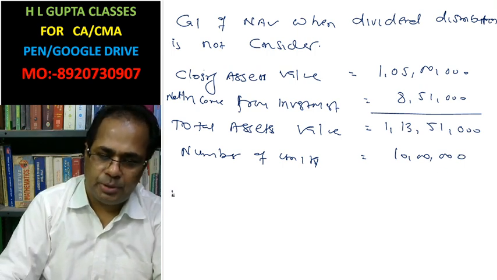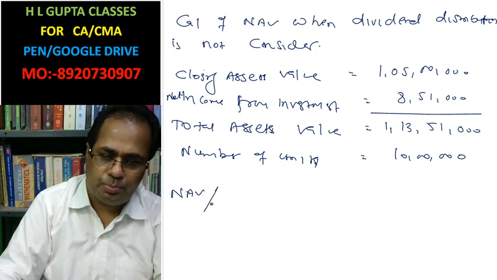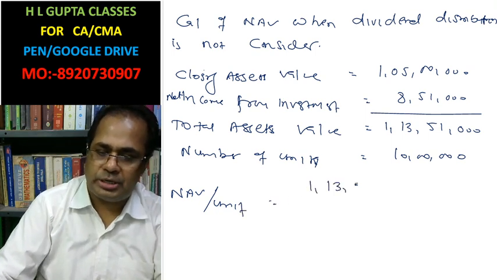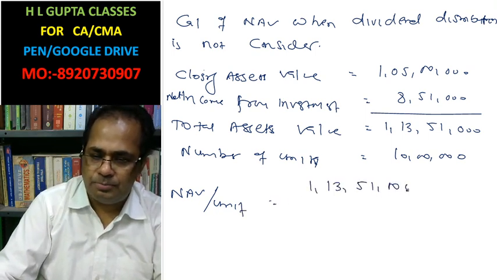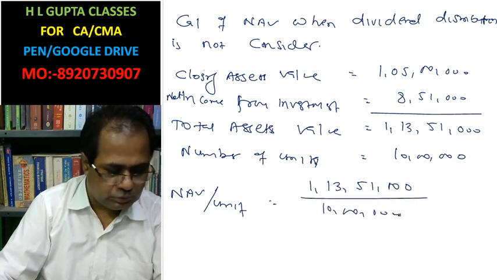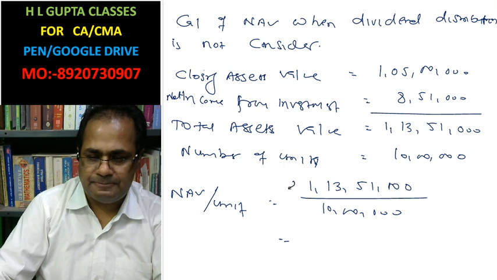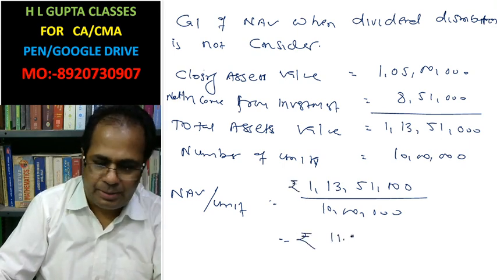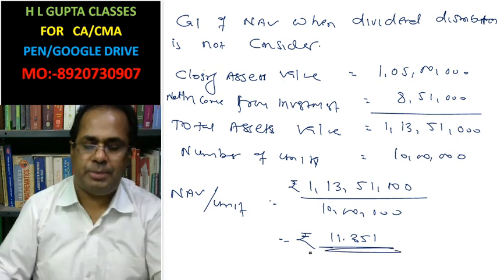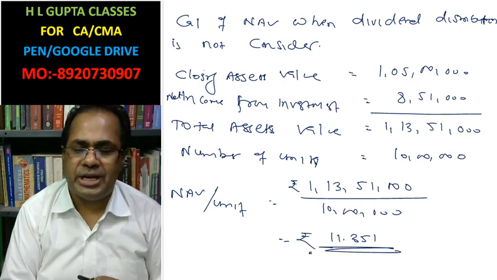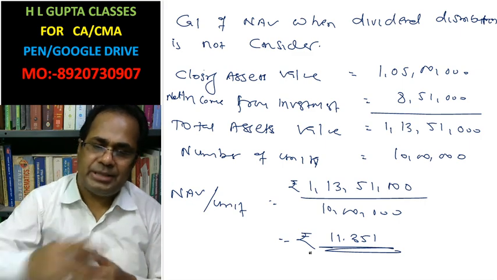Net assets value per unit is 1 crore 13,51,000 divided by 10 lakh, which is rupees 11.351.